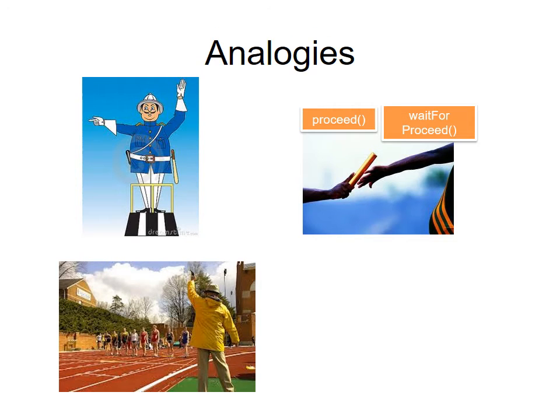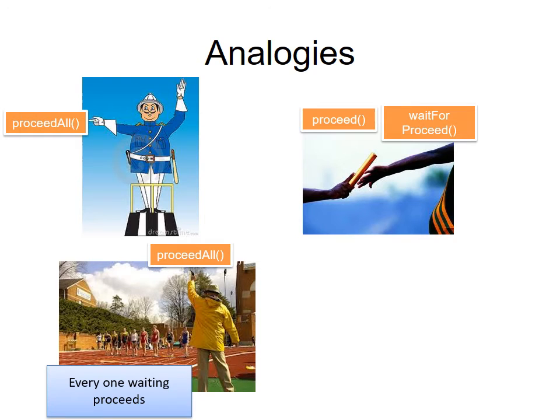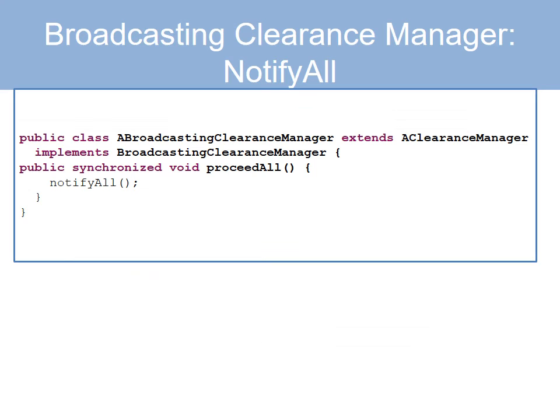And the analogy again is, we saw the proceed and wait for proceed, and a policeman allowing a bunch of cars to start, or a running coordinator allowing a bunch of people to start the race, corresponds to a proceed. Okay, so it just mirrors what they've seen in real life. So everyone waiting proceeds, one person proceeds, and now it demystifies a lot of these abstractions. And again, proceed all is just a synchronized method that calls notify all.